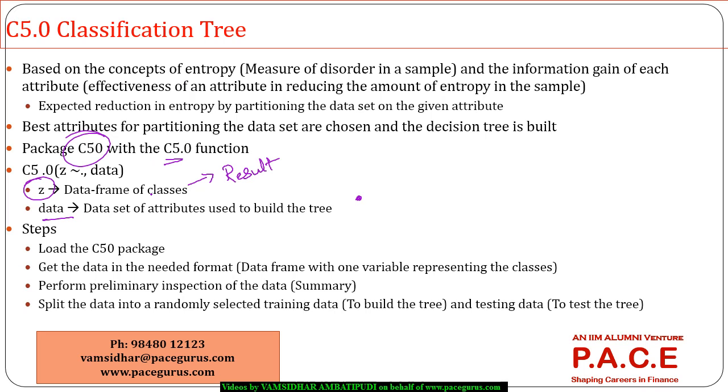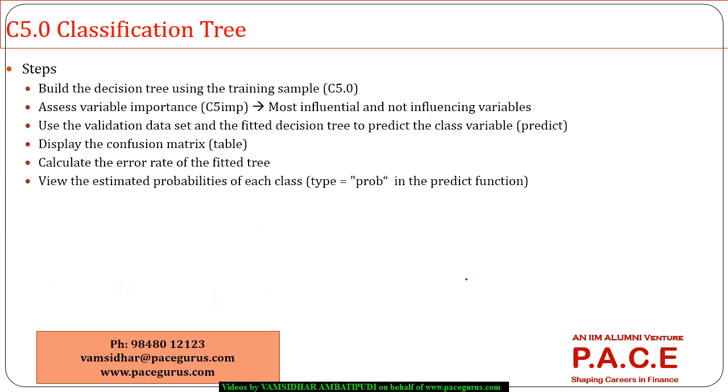And okay, some of the steps we have already done because we are using the same data which we have used for building the actual tree model also. We have loaded the C50 package, got the data, preliminary inspection is done. We have split the data into training data and the testing data. So the same data set is what we are going to use for C 5.0 also.